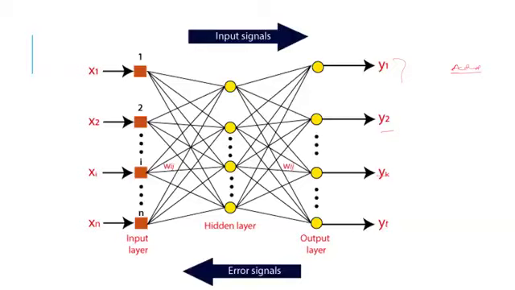It will consider all the input variables, with the random weights first calculate the output, and that output will be compared with the actuals, and the errors will be calculated. So here also it's all about the cost function. When you talk about linear regression, what is the cost function we discussed in linear regression, guys?